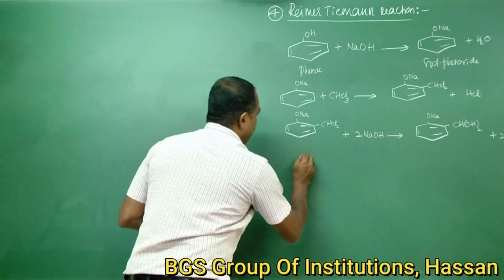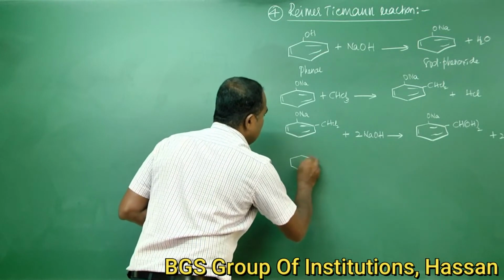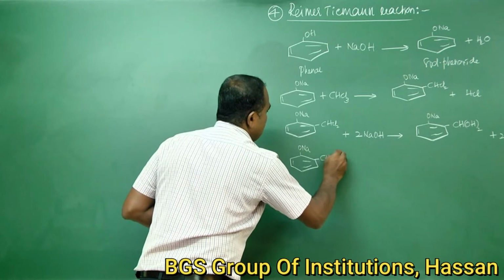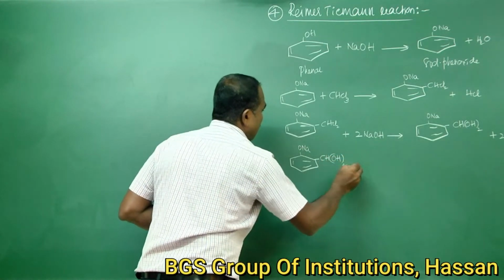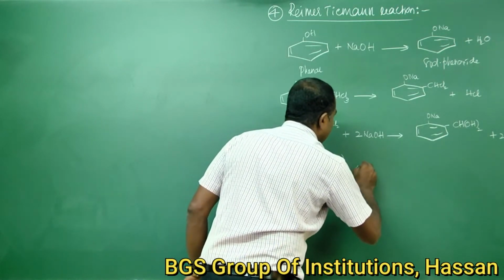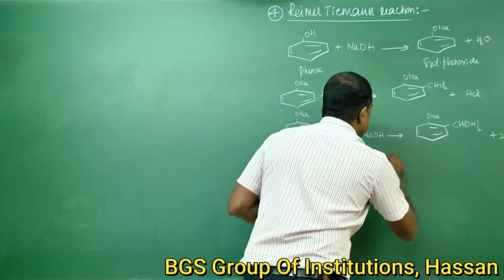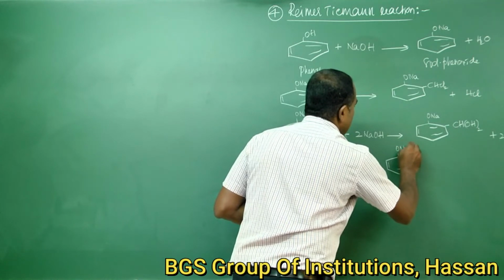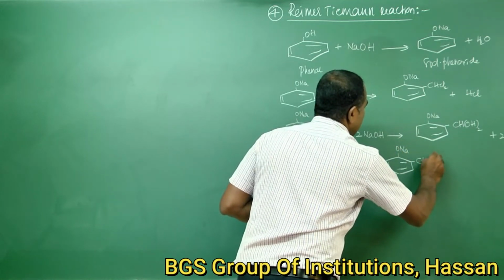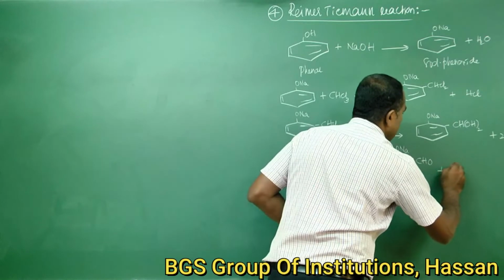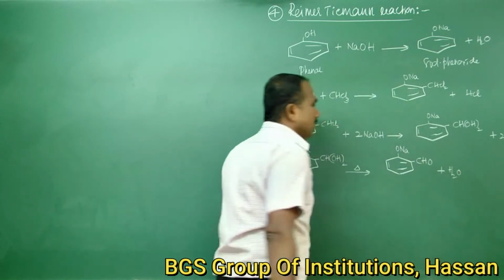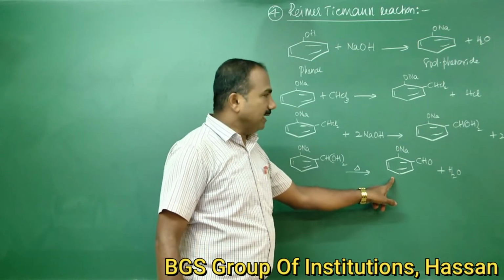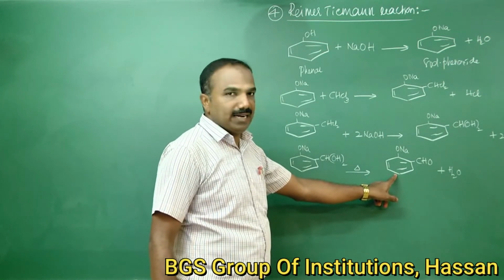The substitution product formed, benzene ring connected to ONa CH(OH)2, on heating undergoes rearrangement to give benzene ring connected to ONa CHO plus H2O.